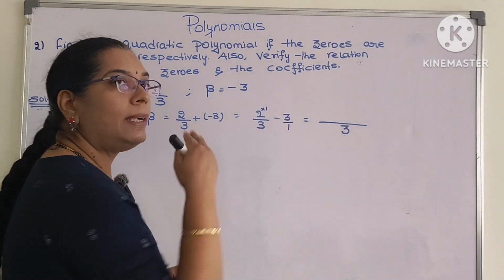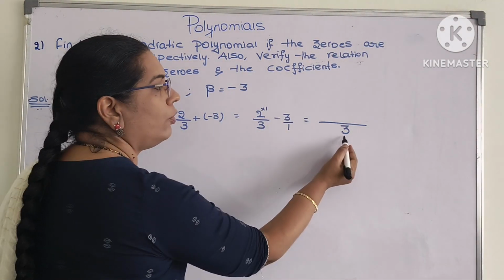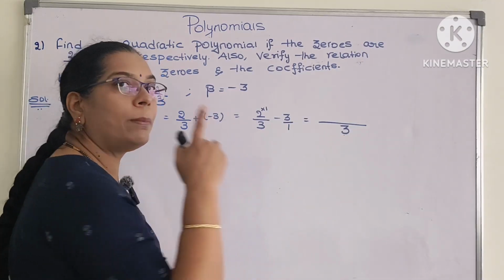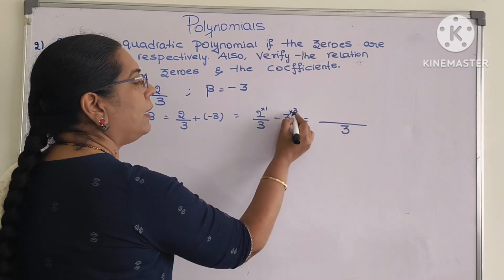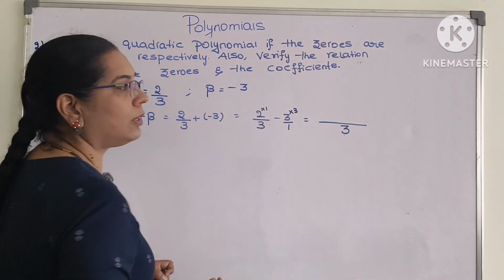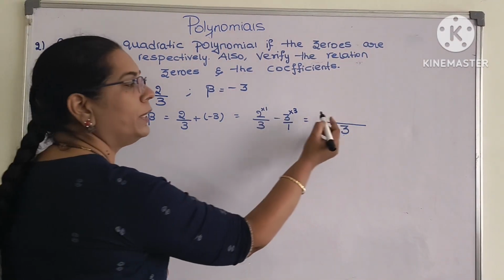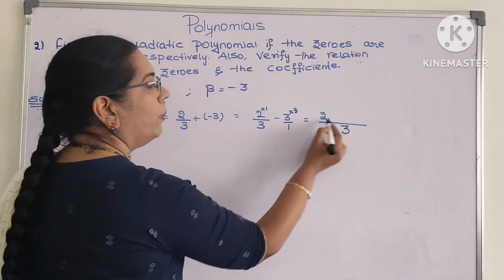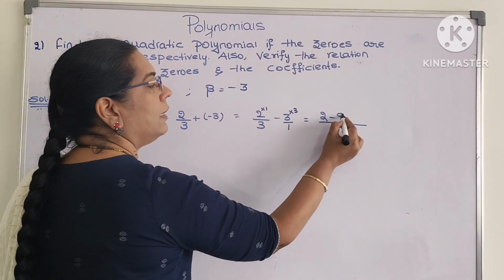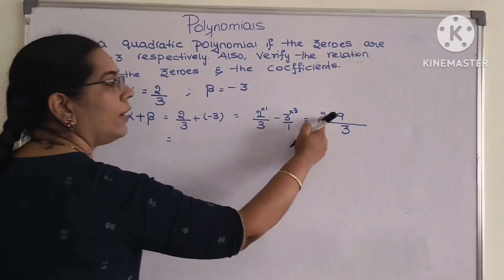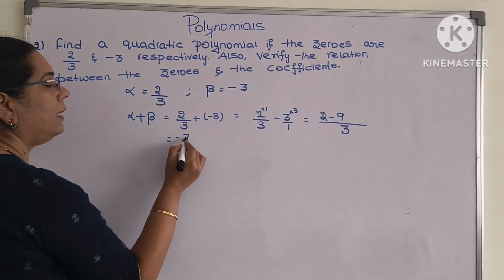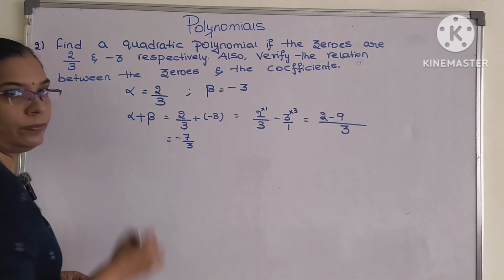Then 1 multiplied by what will give you the LCM? 1 multiplied by 3, so multiply its numerator with 3. Then 2 ones, it is 2, minus 3 threes, 9. So what is the sum of the zeros? It is minus 7 by 3.